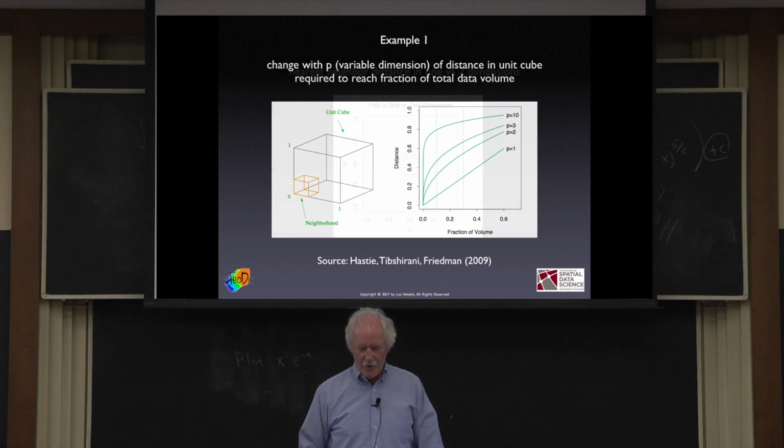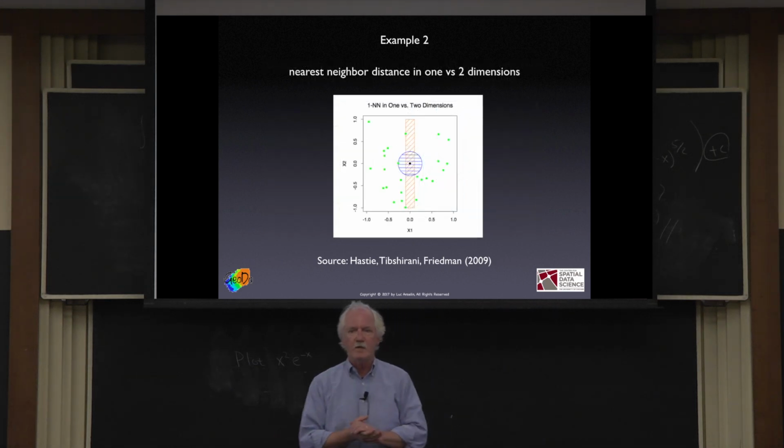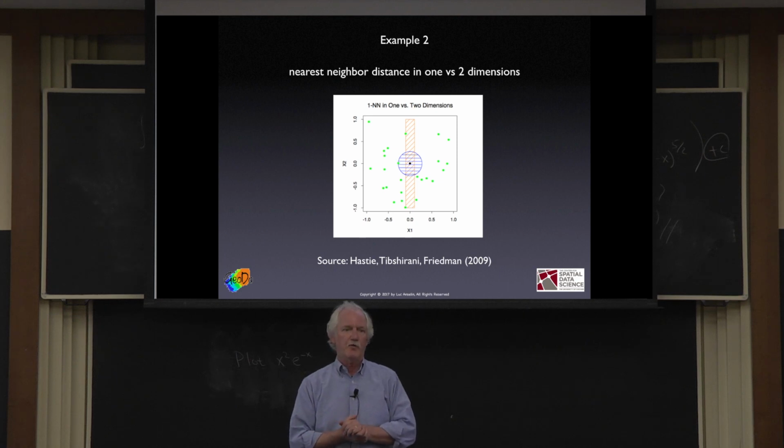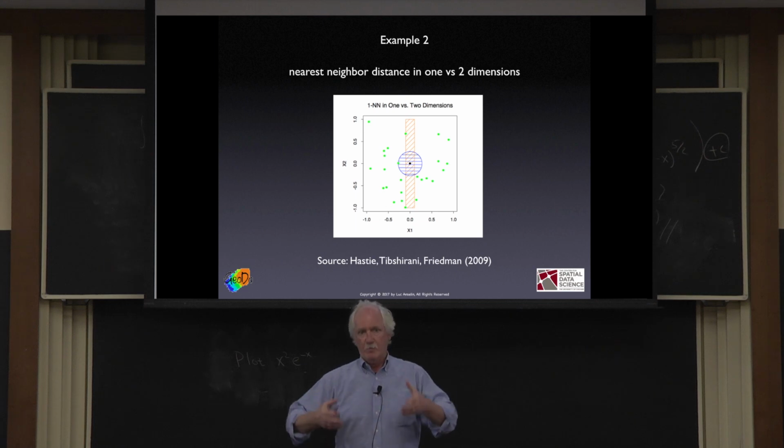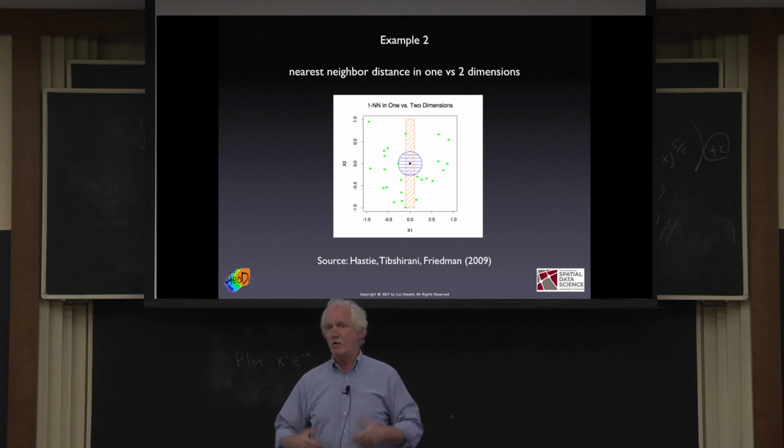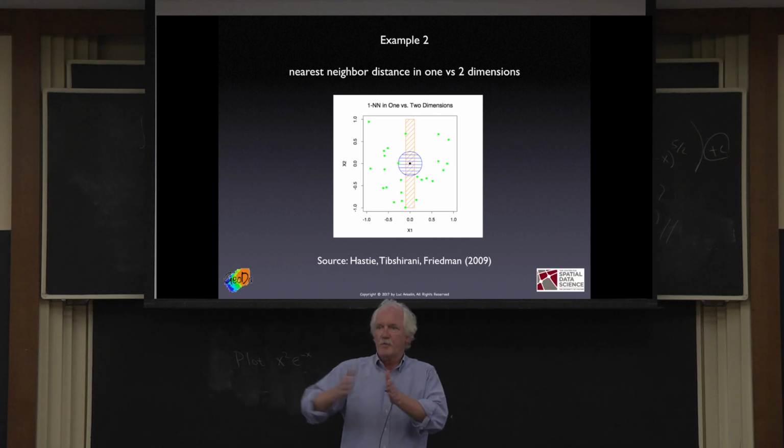Another one similar is how far do you have to go to get, on average again, the first nearest neighbor. So this is a very powerful concept in searching, data, machine learning, is finding the observation that is closest to you.